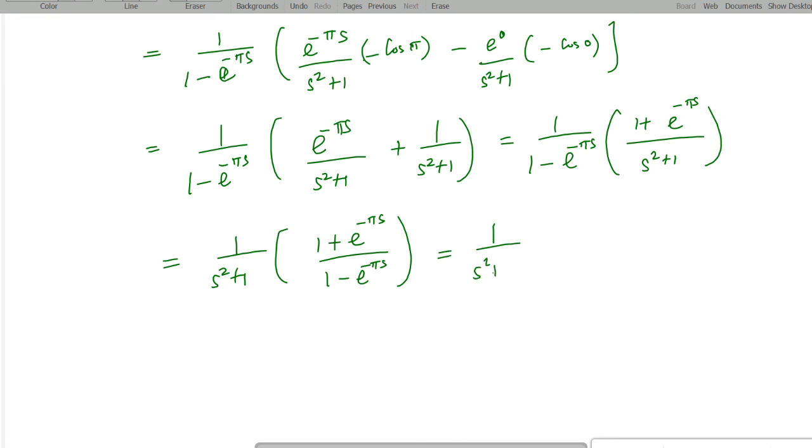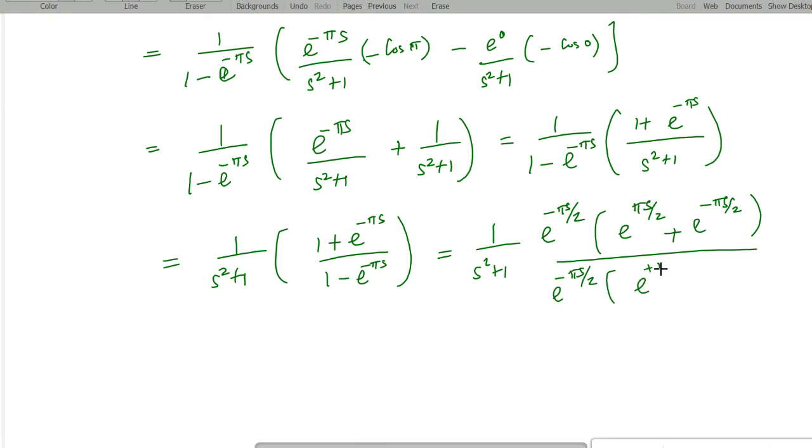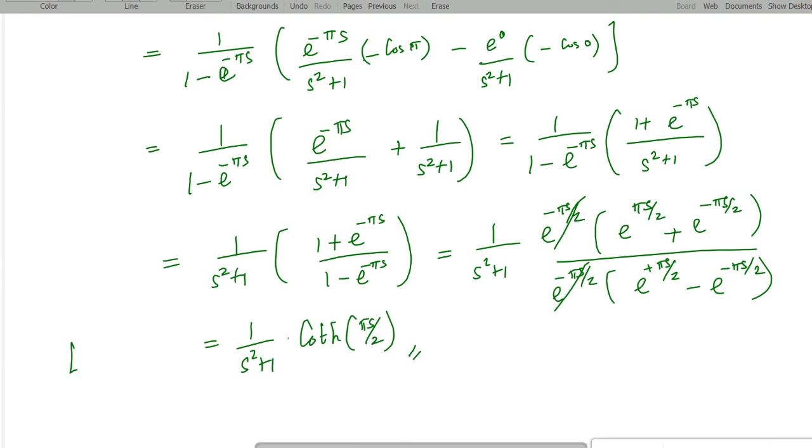So from that you may get e power minus pi s by 2 into e power pi s by 2 plus e power minus pi s by 2, divided by e power minus pi s by 2 into e power pi s by 2 minus e power minus pi s by 2. You can cancel this term. Then the remaining term you can write as 1 by s square plus 1 into coth pi s by 2. So this is the answer for the Laplace transform of modulus sin t.